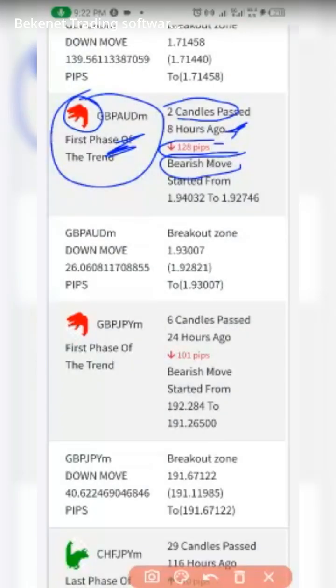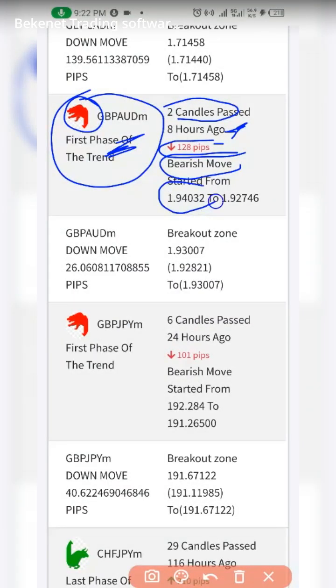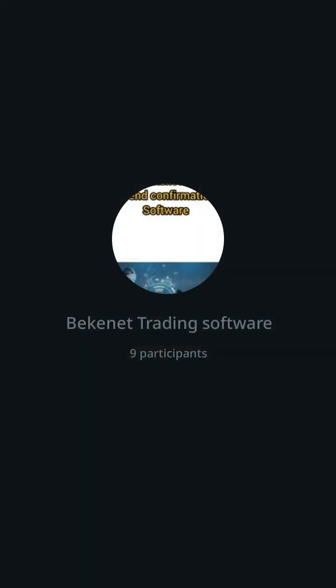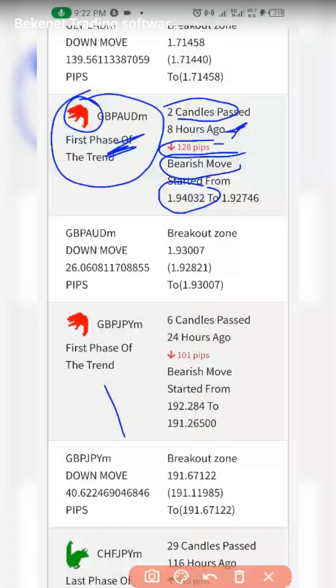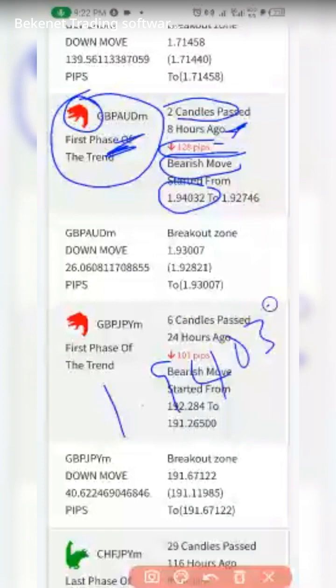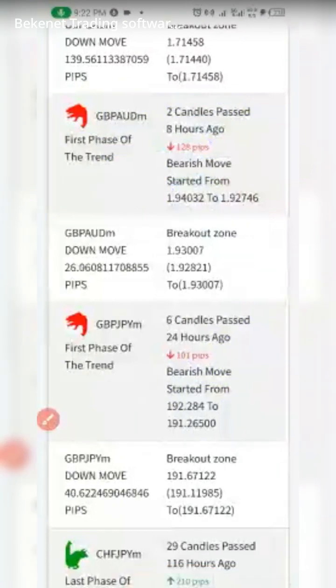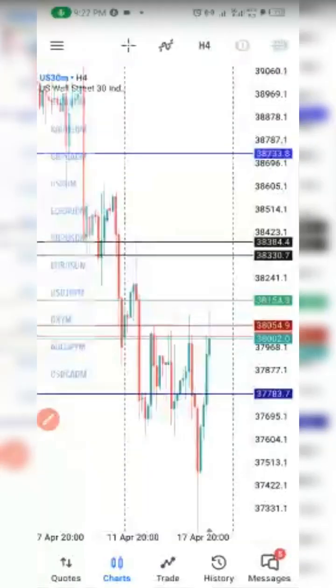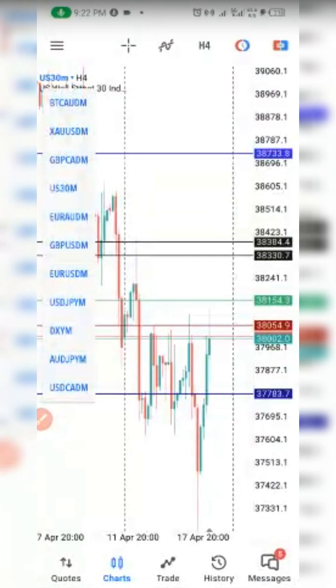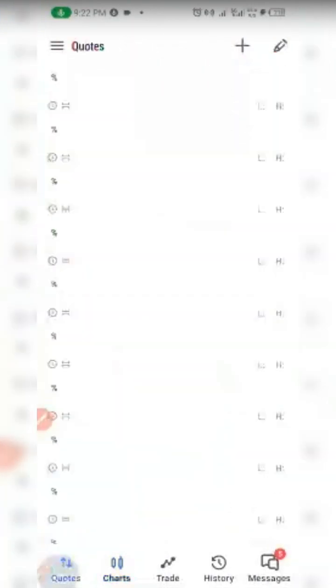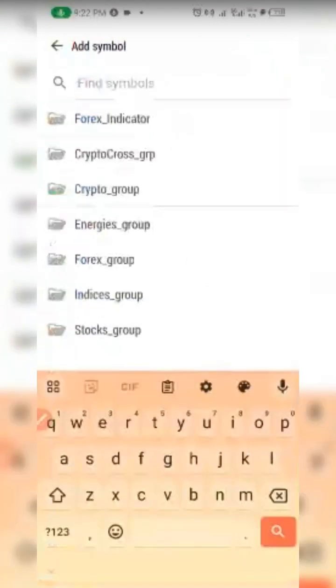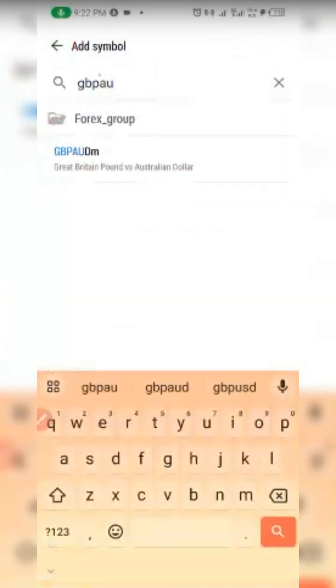So let's go to GBP Australian, where the price started from this point. Let me write it out: 1.94032. Okay, let's look for that pair and use that one, because the number of pips here is very high. Let's look for it. Australian GBP odds.